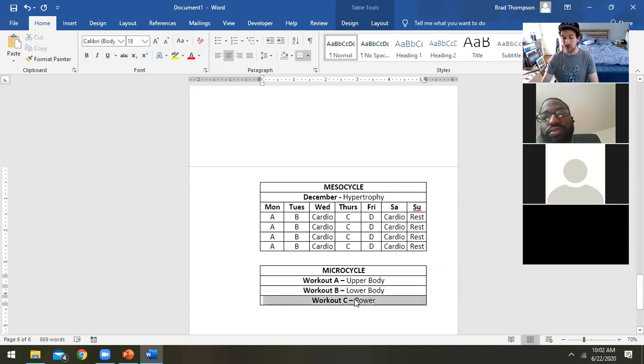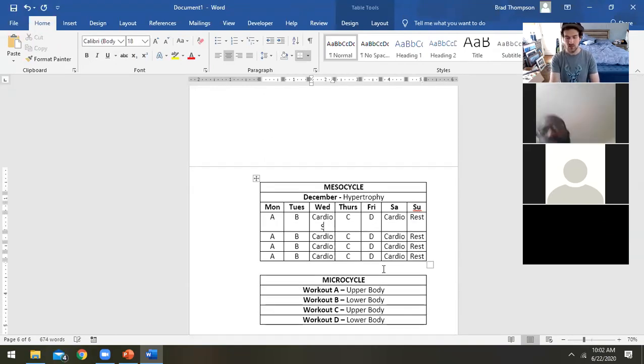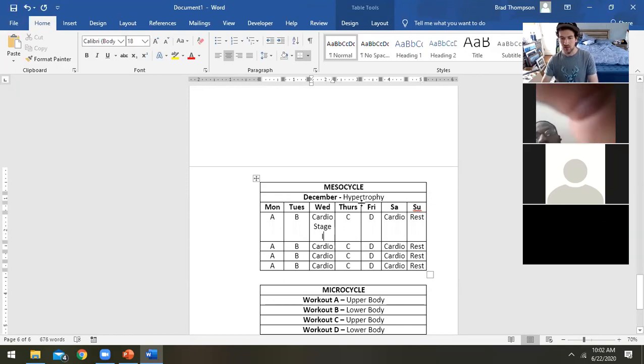It's just a different routine. So this would be upper body, and workout D is lower body again, right? And then this would be stage 1, and then this would be stage 2.